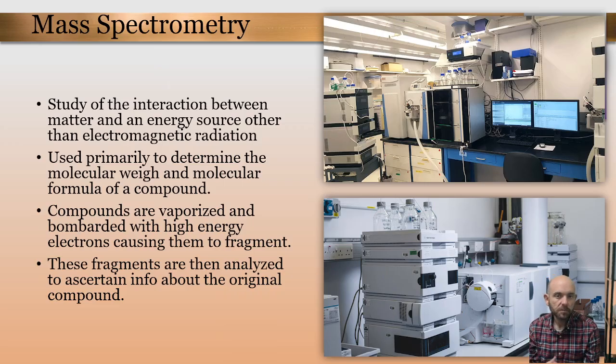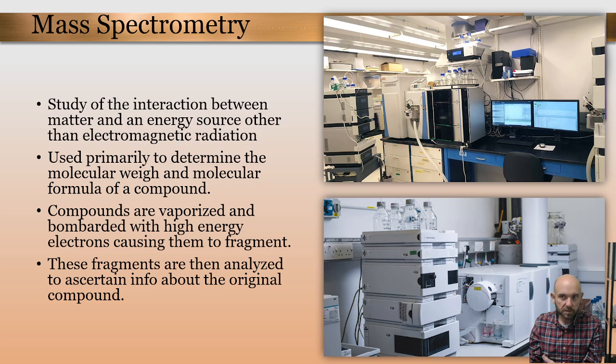So I will start off by pointing out the difference in the word spectrometry from the word spectroscopy, which is the word that we've used in a lot of the other techniques that you've learned about in your introductory and organic chemistry course thus far, where spectroscopy indicates a technique where we are studying the interaction between matter and light.